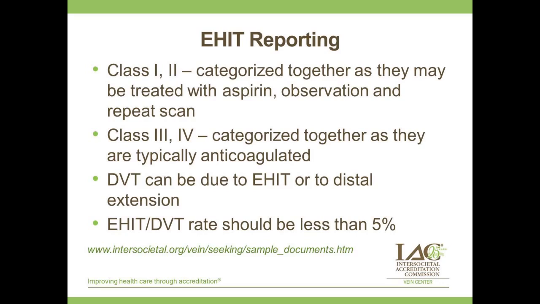There can also be DVT associated with non-thermal ablation or thermal ablation that is not due to EHIT, but is in fact due to distal extension of thrombus into the deep veins. This is slightly different than EHIT, but usually requires anticoagulation. It's important for groups to keep track of their EHIT and DVT rates, as these should be less than 5% of all ablations performed.